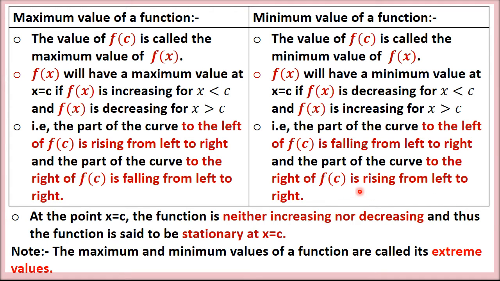Now at the point x is equal to c, the function is neither increasing nor decreasing and thus the function is said to be stationary at x is equal to c. The maximum and minimum values of a function are called its extreme values.